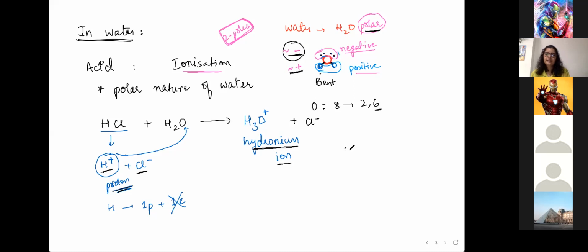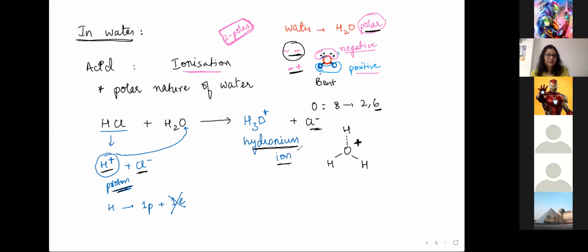It's literally water, HOH, and the extra hydrogen from the acid is bonded to the oxygen. Because the hydrogen doesn't have an electron, there's a positive charge. So that's the hydronium ion, plus the anion is always there.